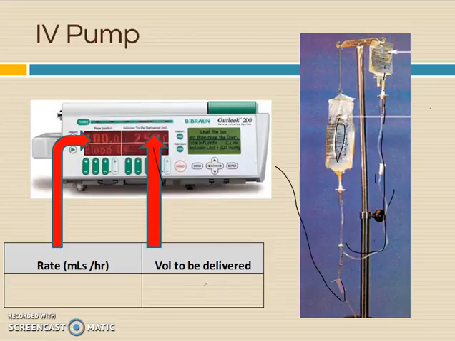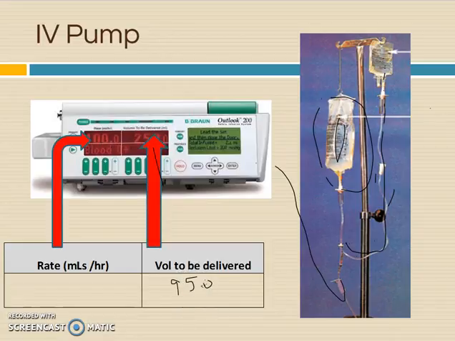You'll learn a lot more about this as we go on, but I just want to let you know that it's good practice to set the volume to be delivered. Say, for example, if you have this whole liter bag, put the volume to be delivered as something less than a liter, like say 950.